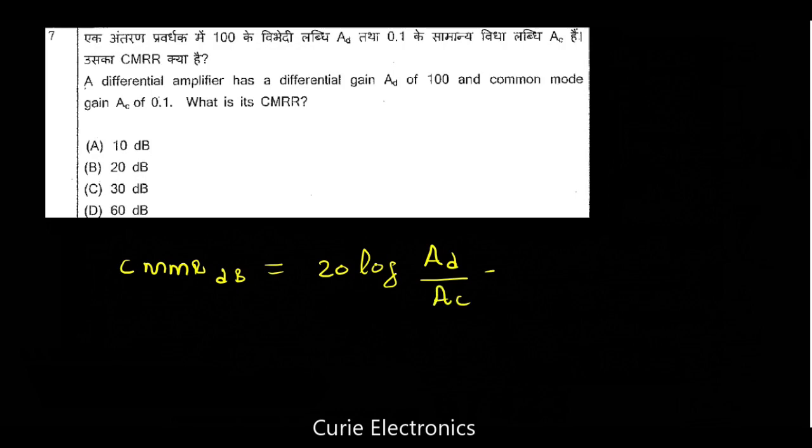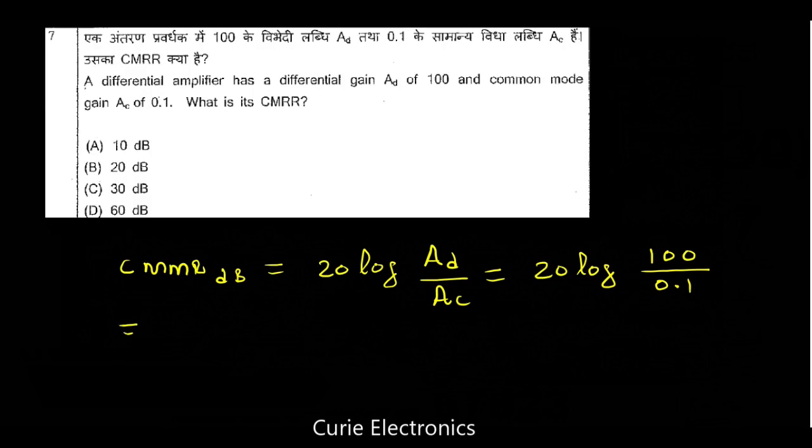In the ideal case the common mode gain should be 0. So 20 log, AD equal to 100 upon AC, 0.1.